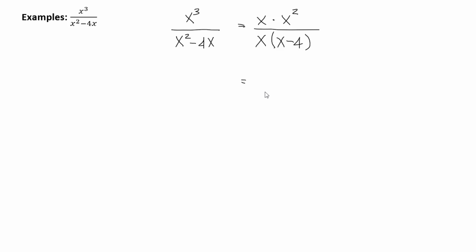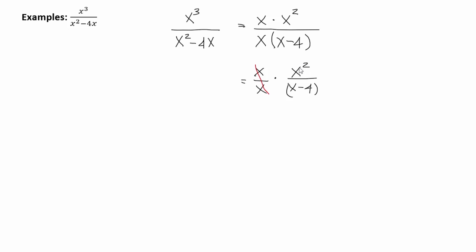You never, ever are cancelling. You are looking for a factor of 1 that multiplies something or other, and here, this is x over x. That's a factor of 1. Then I can, quote, cancel.